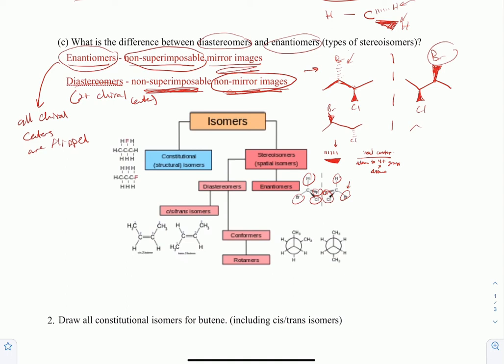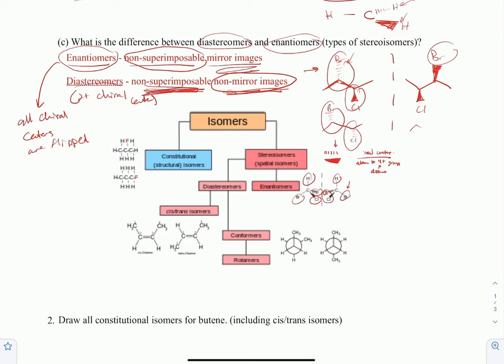And when I flip this around, instead of going out of the page now, it's going to go back into the page. Notice that at least one of them is the same. This is the same here, but we don't have the same here. So they're non-superimposable, and they're not mirror images.